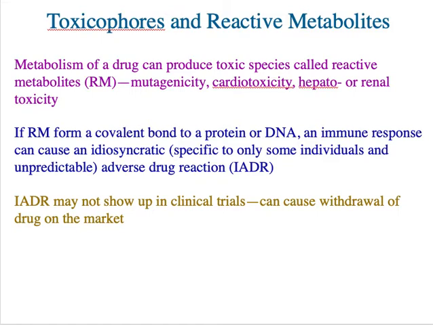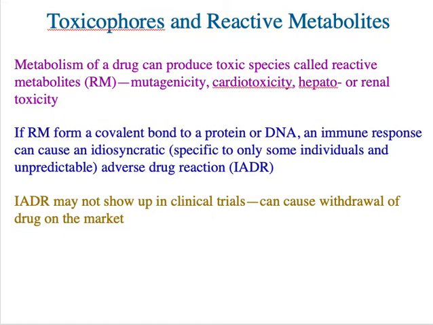Okay. So we've talked about toxophores before, and we need to think about them again in the context of drug metabolism. What can happen is that the drug isn't a toxophore itself, but once it's metabolized, it can become a toxic species. So this can be hepatic, renal, etc. toxicity.